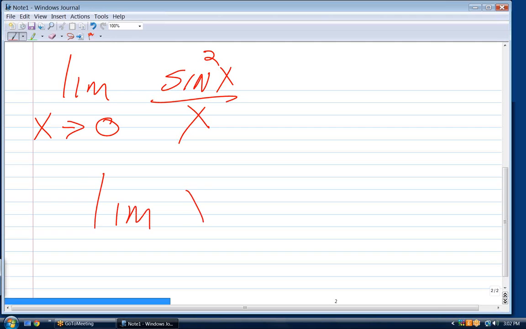So if I say, what's the limit of x plus 1 as x goes to 2, what is it? The limit is 3. Okay, good. If I say, what is the limit of 3 over x minus 2 as x goes to 2?